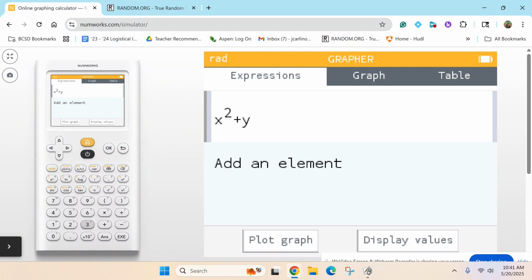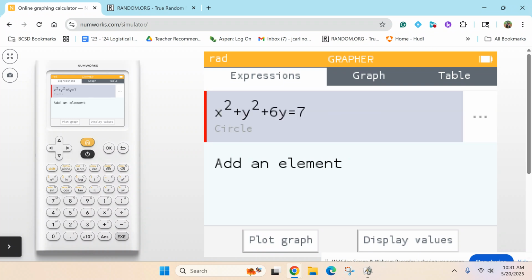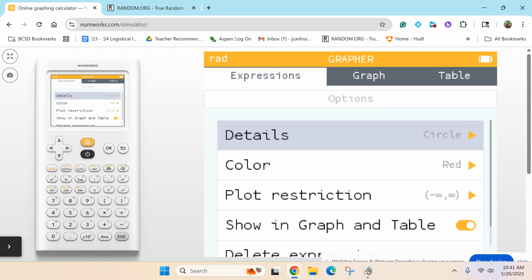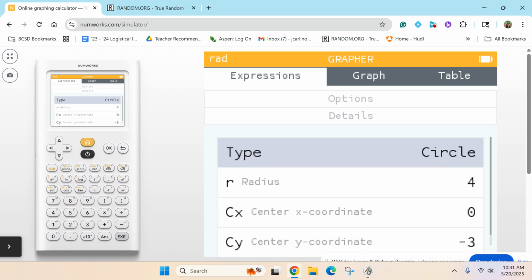Plus y squared plus 6y equals 7. And when you hit enter, your calculator is going to give you this great knowledge that it's going to be a circle. You guys remember the hack of how to get the slope and y-intercept? Same steps. Go over to the dots and go over to details. This is disgusting. All of you, disgusted.